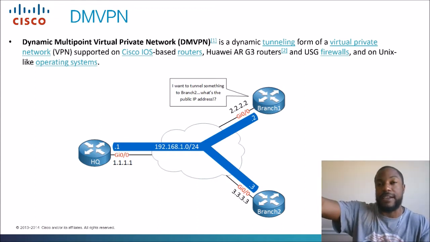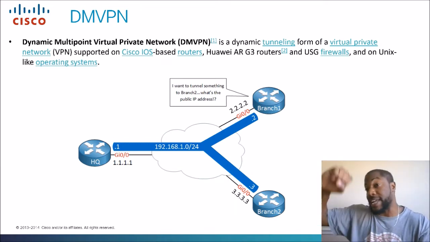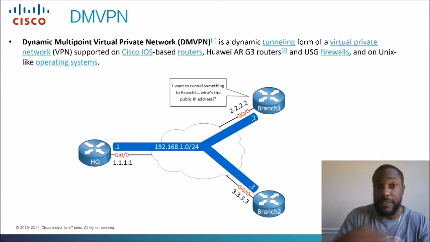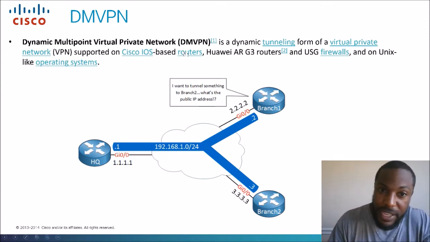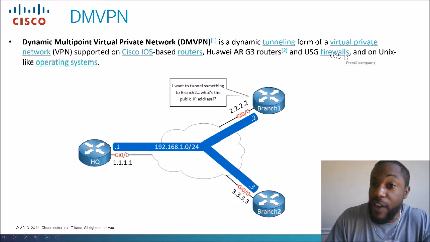That would be a static connection. The dynamic connection is if the tube is detachable and you can talk to everybody else. It's supported on Cisco IOS-based routers, Huawei routers and USG firewalls, and on Unix-like operating systems.